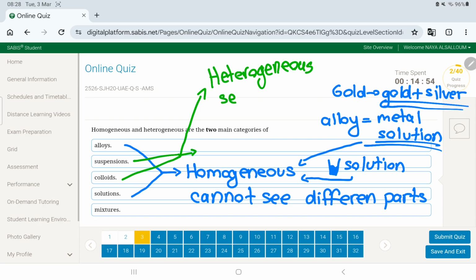You can see different parts. Right? Now guys, what's an example? Suspension. What is a suspension? Suspension, think about it as here.